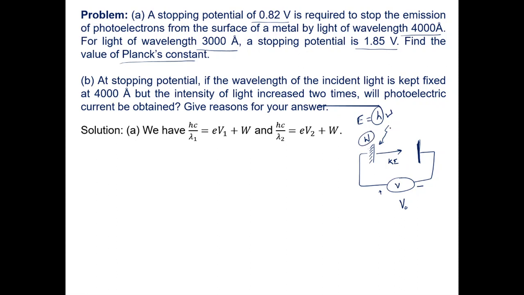The light source, we have h nu 1, we have h nu 2. So from all of this we are trying to extract h. Let's see how we do it.